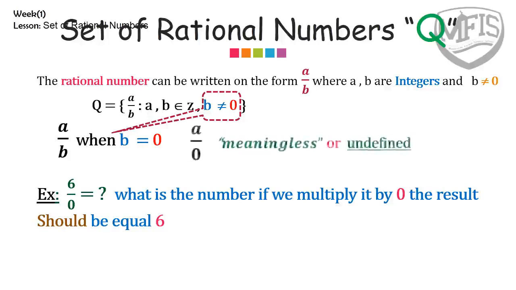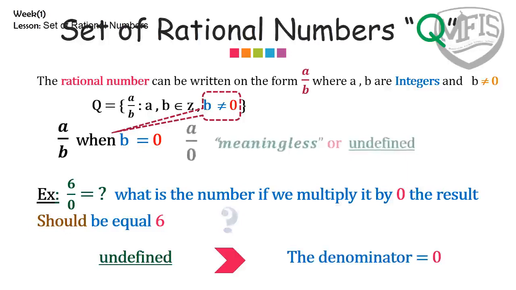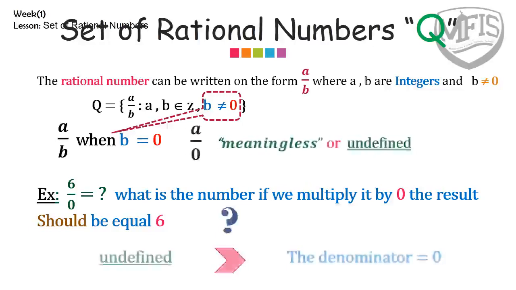Which number, when I multiply it by 0, gives me 6? No number. I can't find it here. So undefined means the denominator equals 0. Please notice that and keep it in mind. Undefined in any question means that the denominator equals 0.